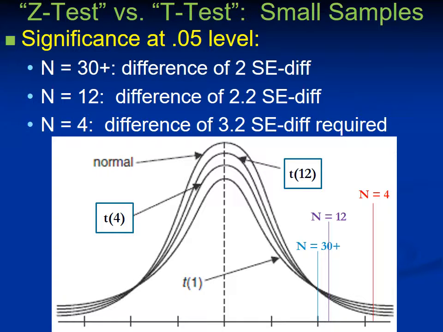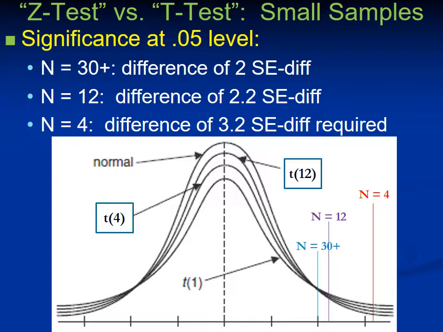If you have a sample of only 4, the t-table would actually require a difference more than 3.2 standard errors. If you increase that sample from 4 to 12, then you only need 2.2 standard errors.